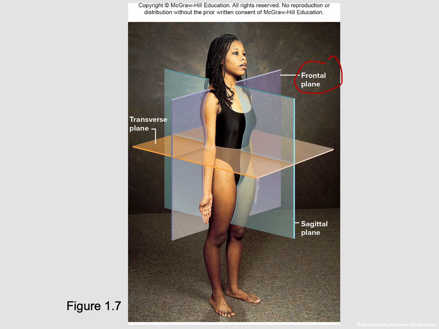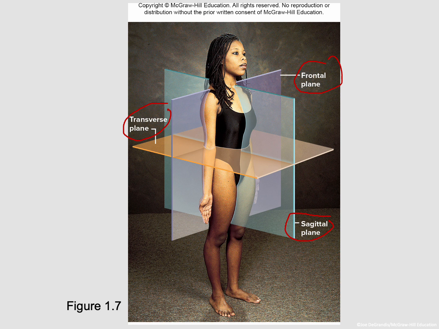Anterior means front, posterior means back. Next, we've got the transverse plane, and this plane divides the body into superior and inferior. So basically, up and down. And finally, we've got the sagittal plane, which divides the body into right and left.